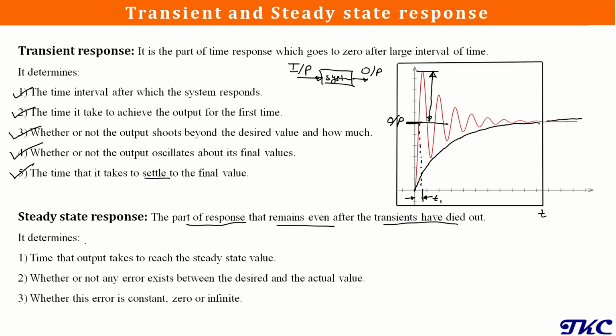Now let's see what we can determine from a steady state response. So we can find the time that the output takes to reach the steady state. From the steady state response portion, we can determine how much time the system has taken to reach steady state.